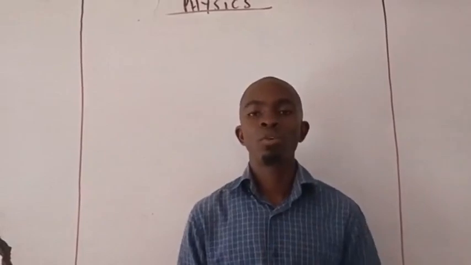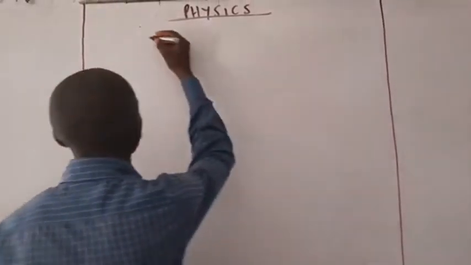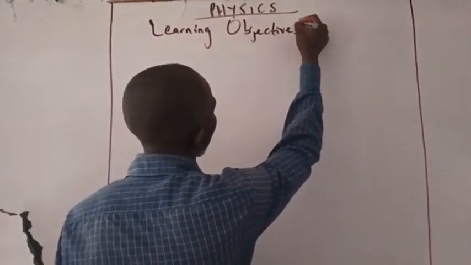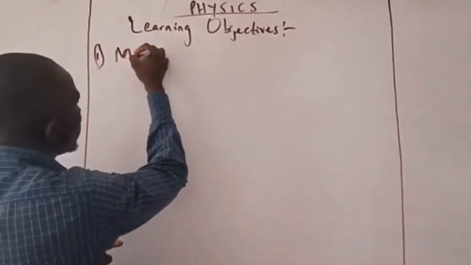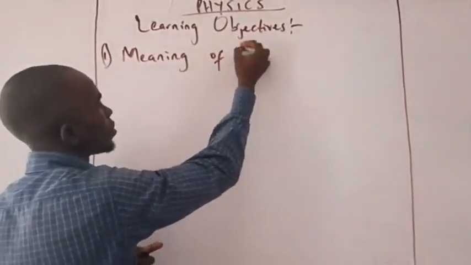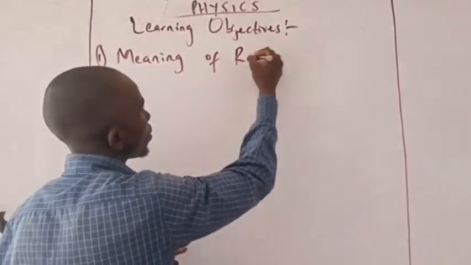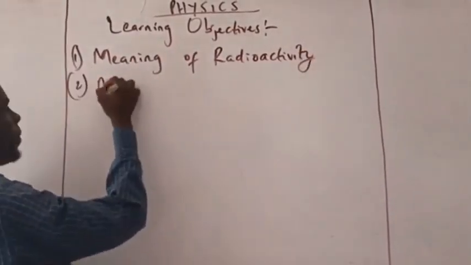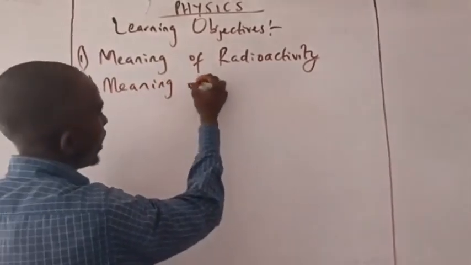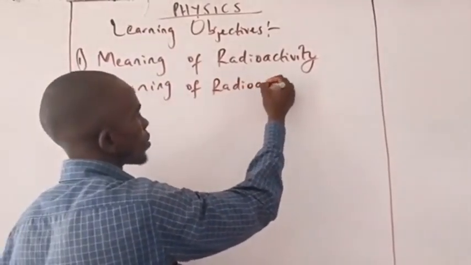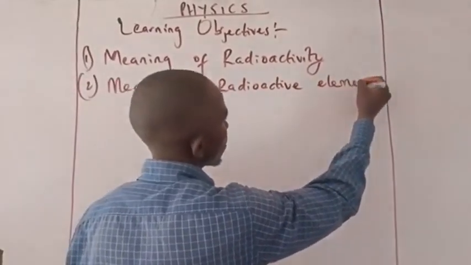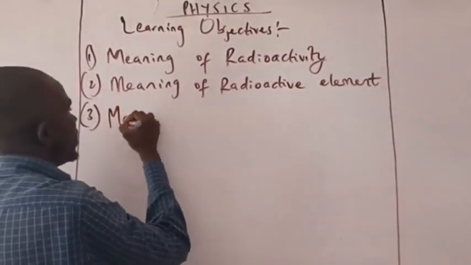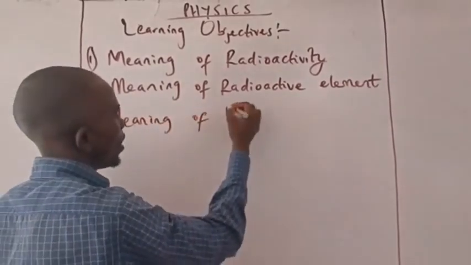Our learning objectives for today are: number one, meaning of radioactivity. Number two, meaning of radioactive element. Number three, meaning of half-life.